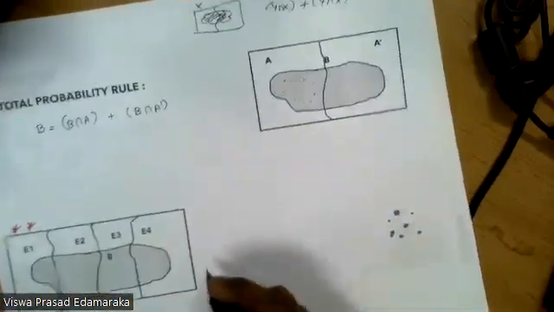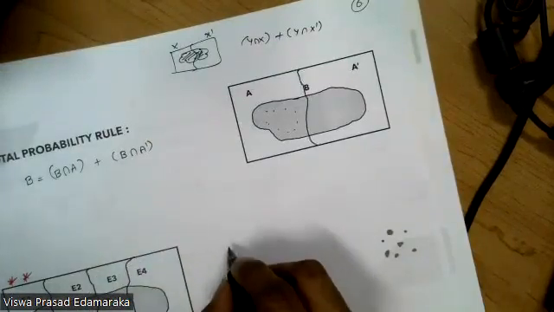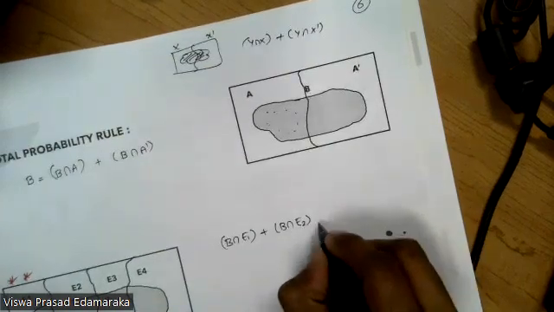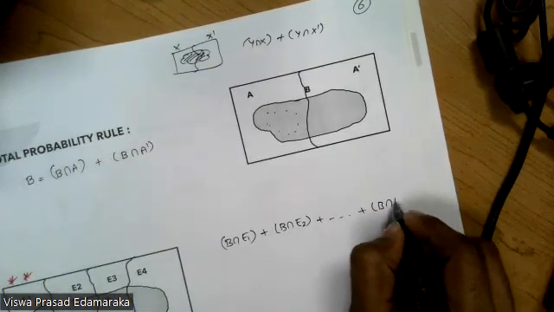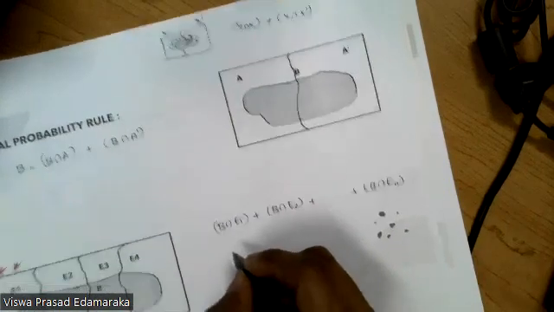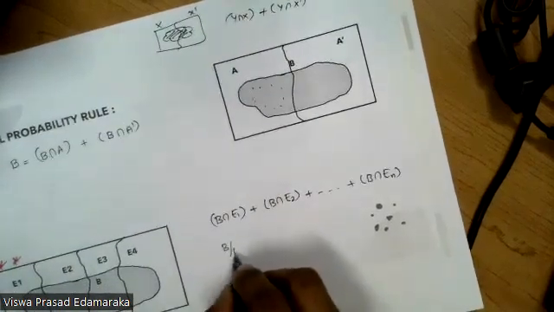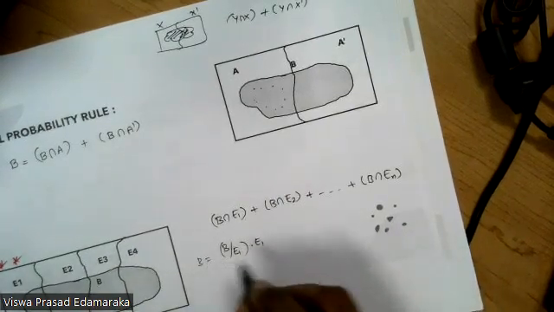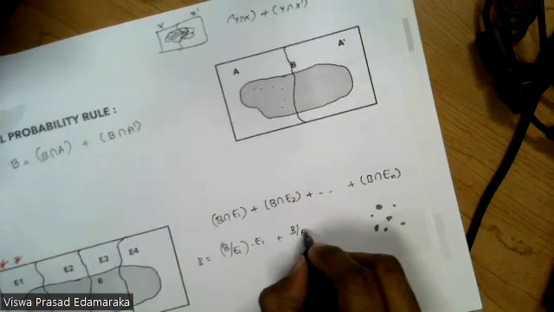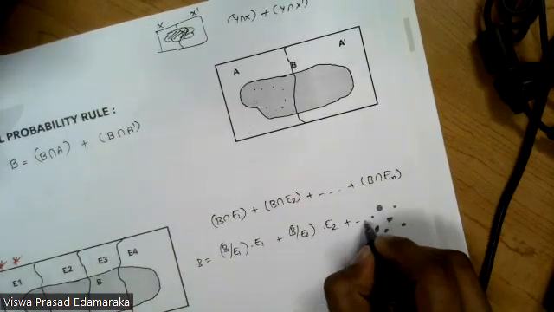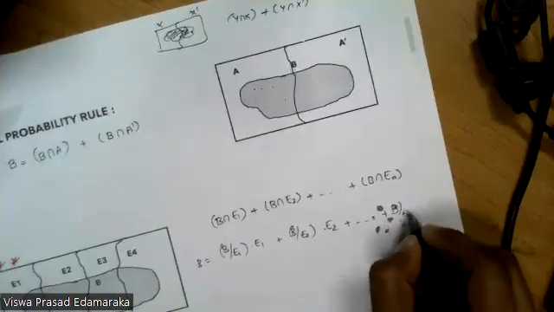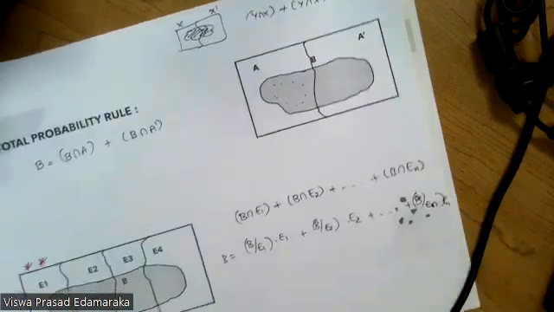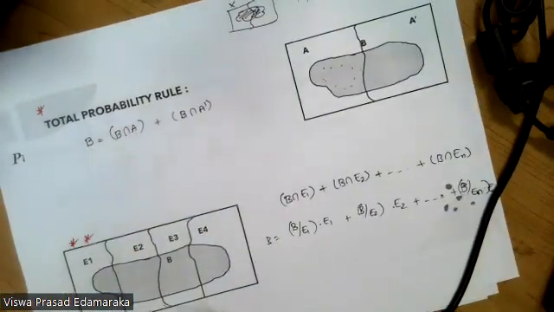And you can directly get B intersecting with E1, B intersecting with E2, and so on, B intersecting En. So from the multiplication rule, I can write it as P of B given E1 into P of E1, plus P of B given E2 into P of E2, and so on, P of B given En into P of En. This is the total probability rule, very, very important.